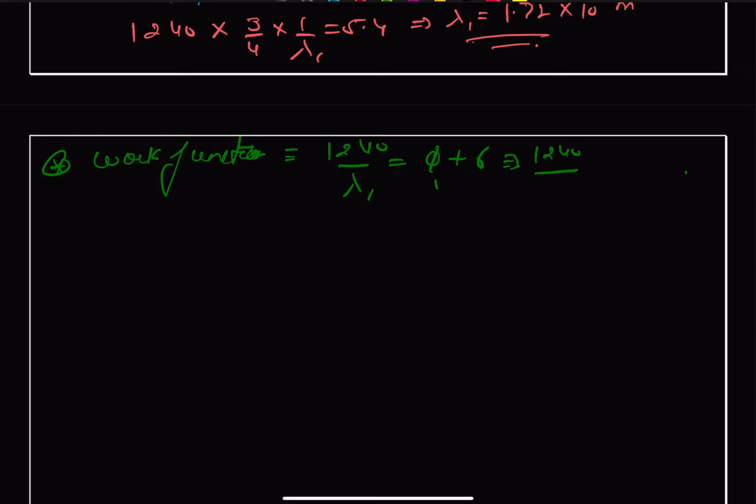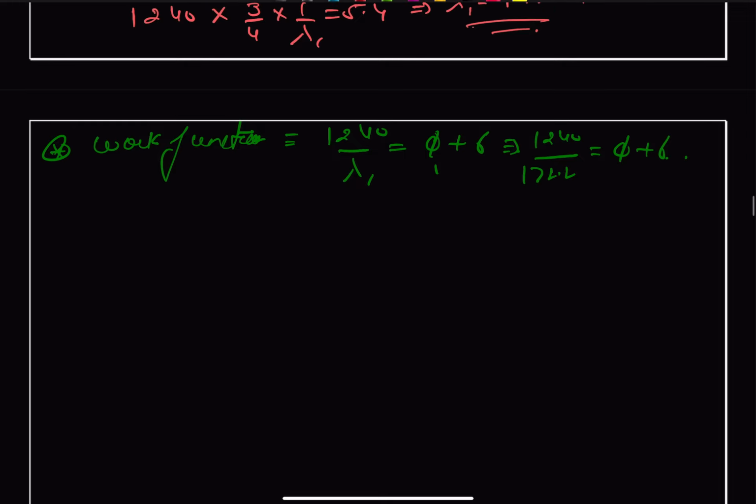Yes, so this comes as 172.2 is equal to 5 plus 6. Now it will be coming correct.